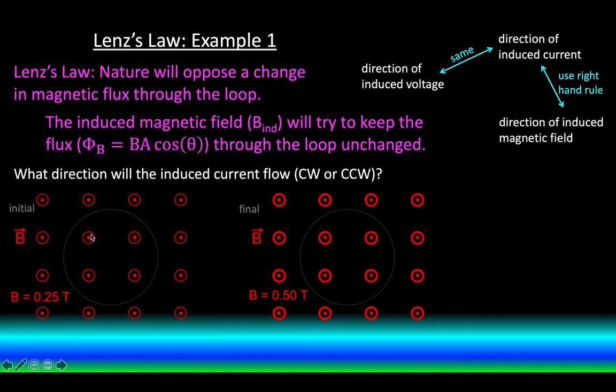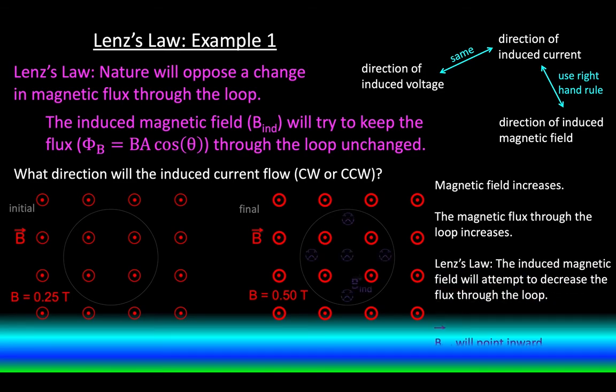Okay, we increased the strength of the magnetic field through this loop of wire, so nature will oppose a change in magnetic flux. So to try to keep the magnetic flux through the wire as what it was, nature will have the induced magnetic field be pointing into the page.